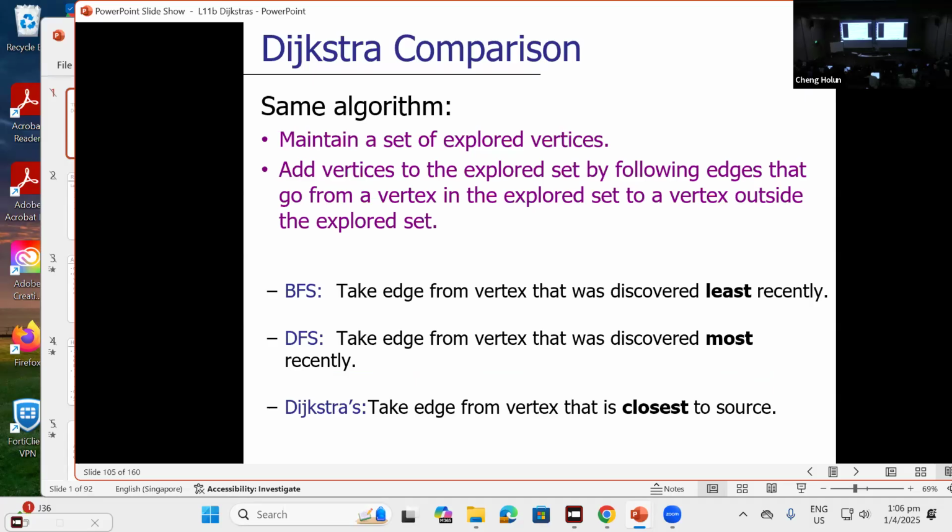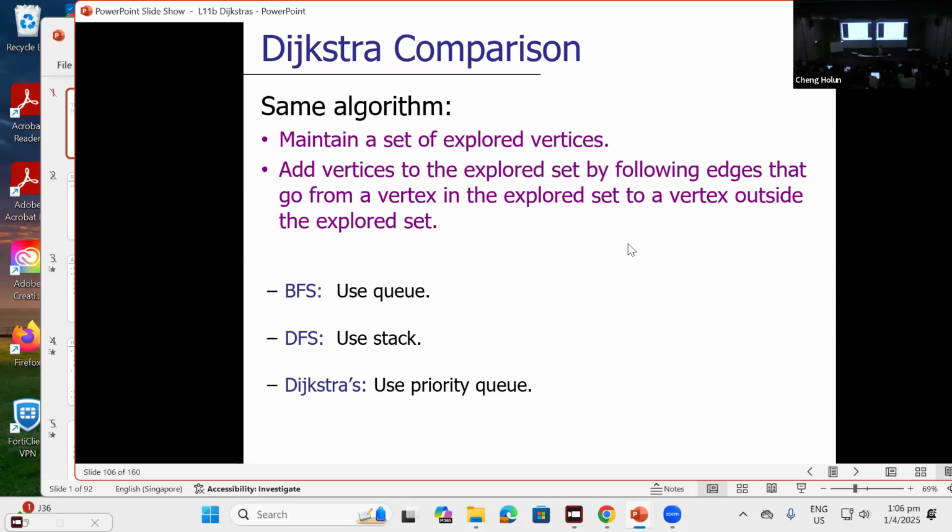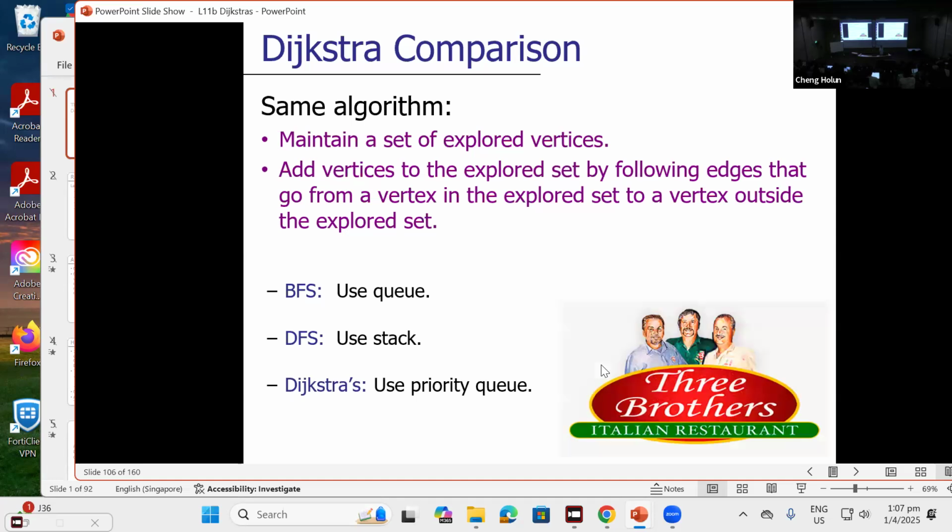Dijkstra is the same thing. You take out every vertex and put all its edges into a priority queue. So these three are very similar algorithms, just that I will put them in the priority queue, okay? Breadth first search uses a queue, depth first search uses a stack, and Dijkstra uses a priority queue. Three brothers.